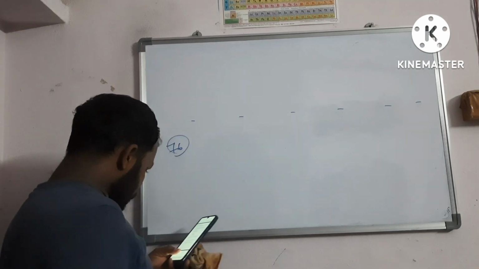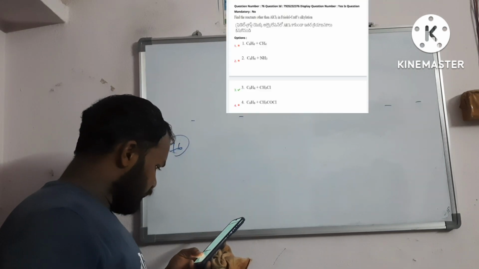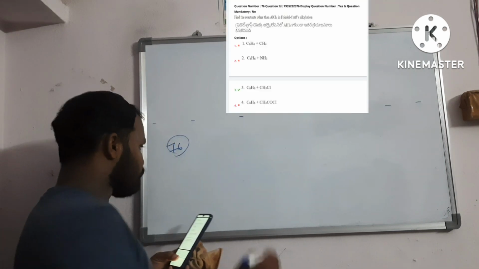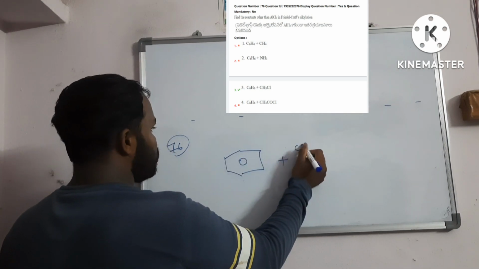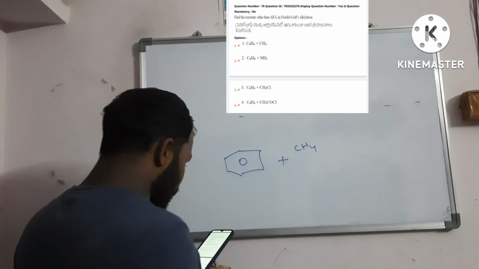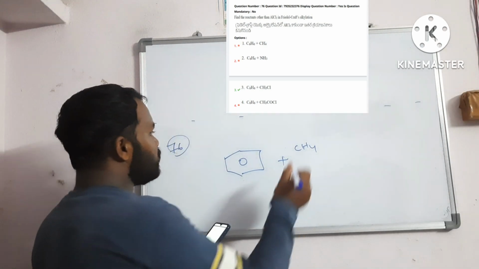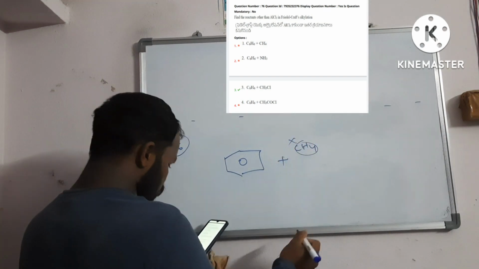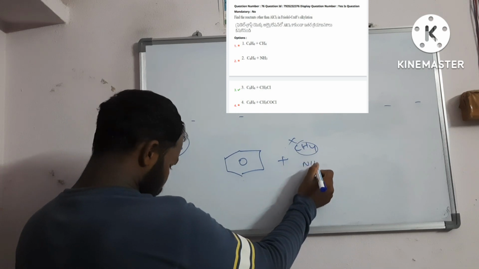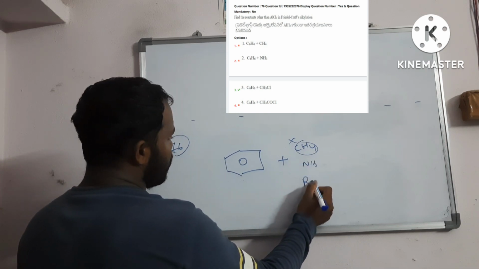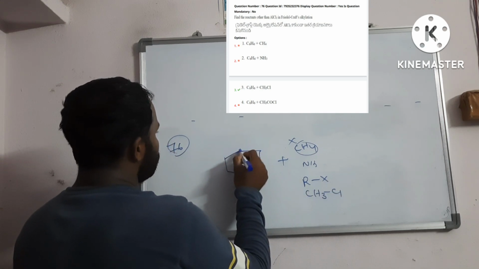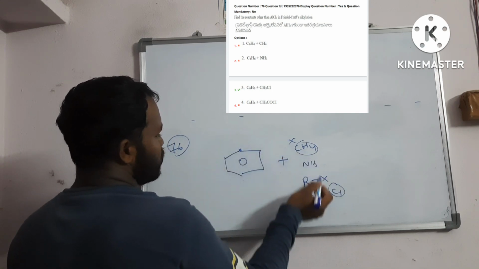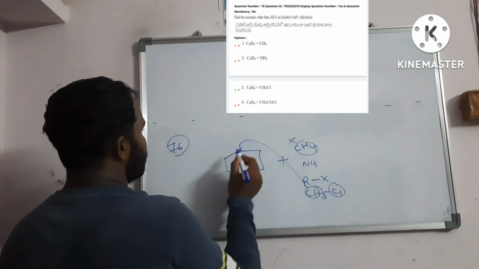Question number 76. Find the reaction other than AlCl3 in Friedel-Crafts alkylation. They are giving benzene. Benzene reacting with CH4 does not form an alkyl halide; Friedel-Crafts alkylation means you should take the alkyl group. So this is wrong, and NH3 is also wrong. If you take CH3Cl, the Cl and hydrogen get removed and the R part attacks.